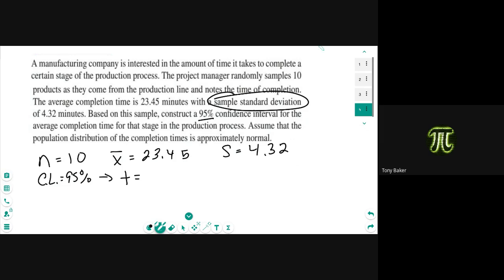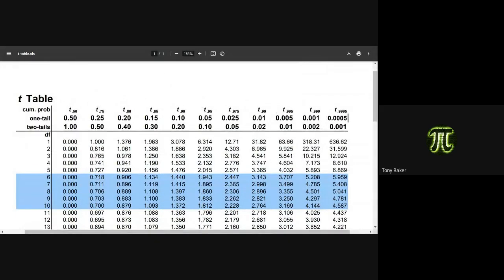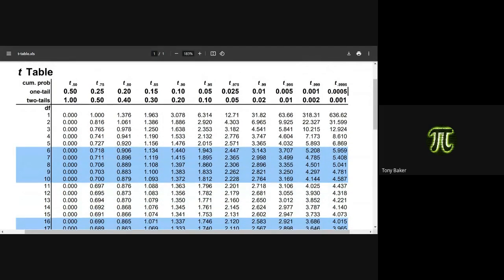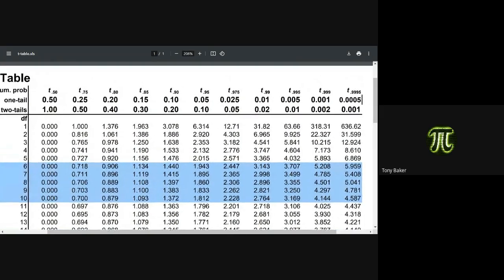Let me actually pull one up. I think this is the San Jose one. Yes. Good. All right. So if we look at this table, there are some pieces of information that we want to look at. The first is the top.